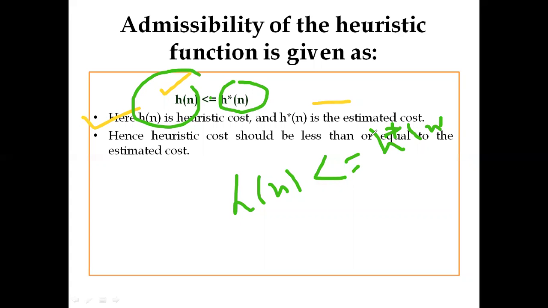If the heuristic function gives a cost greater than the estimated cost, then what is the meaning of using it? So you should remember this equation. It might be asked in any competitive exam. Believe me, if you check the previous year question papers of the UGC NET examination, you will surely find a question from this topic.